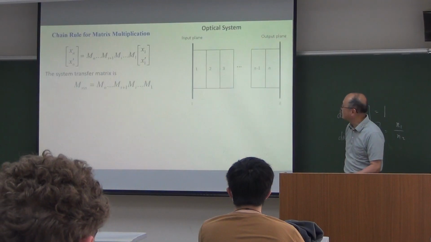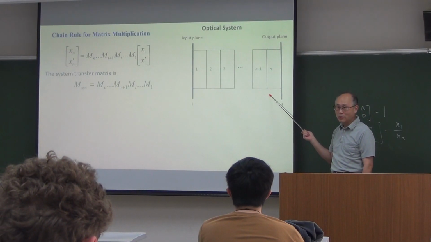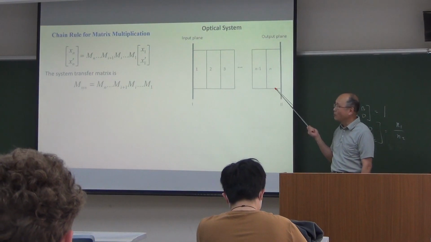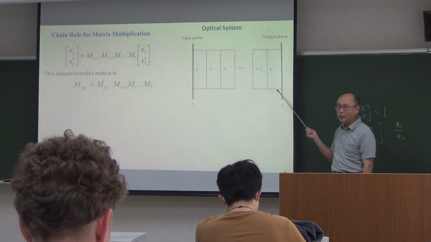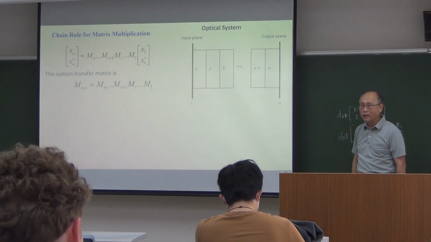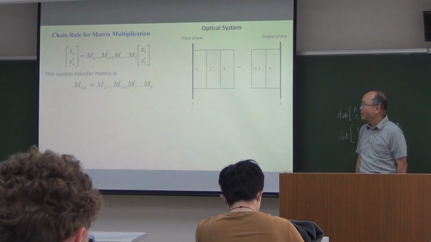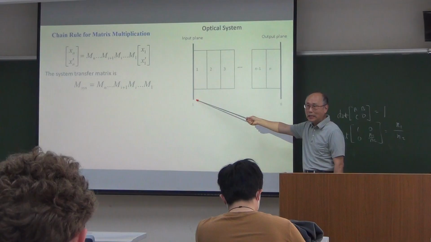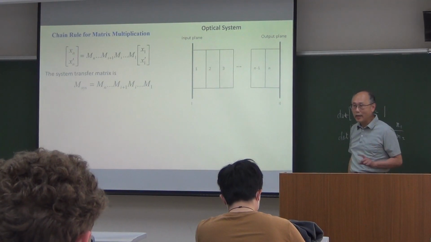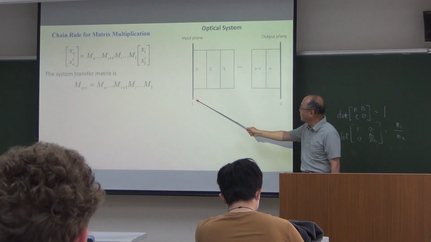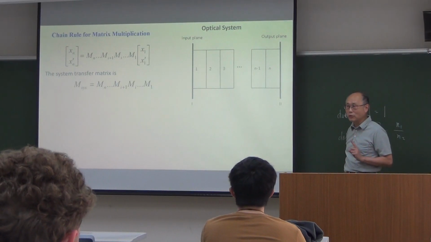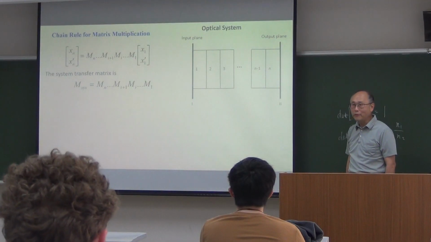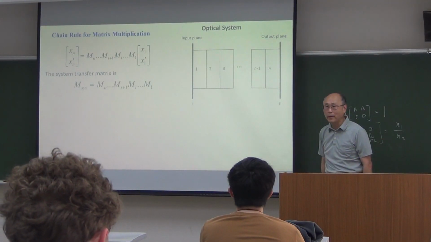But then we talked about this just a while ago, at the first minute of this class. Then you are in a position to cascade a lot of ray matrices. Therefore, you can analyze the ray coming in from the input plane to the output plane. So again, you identify the input plane and output plane first for your system. And then you have some optical elements between input and output plane.